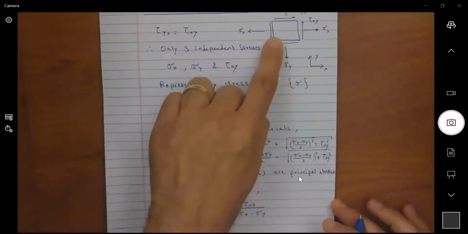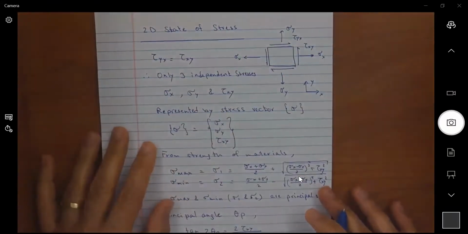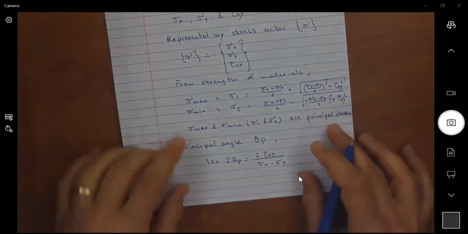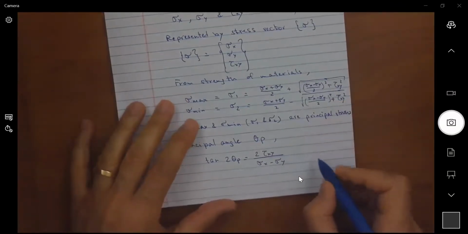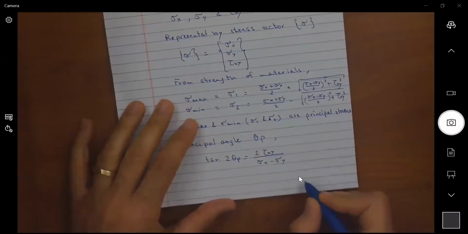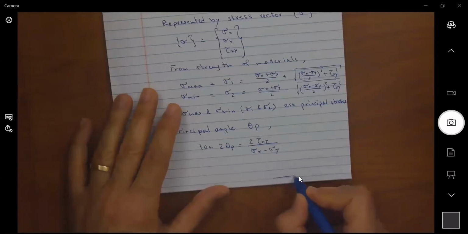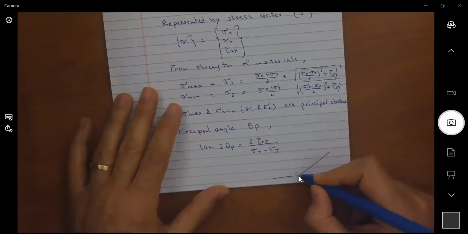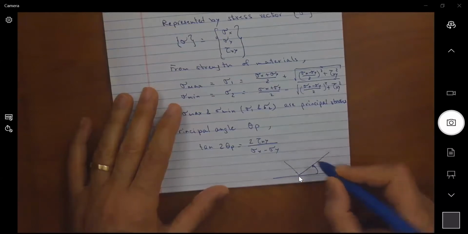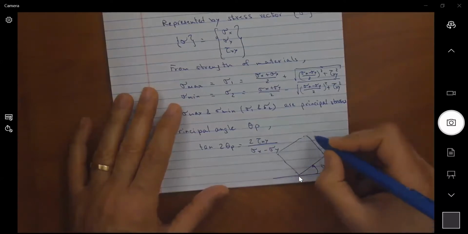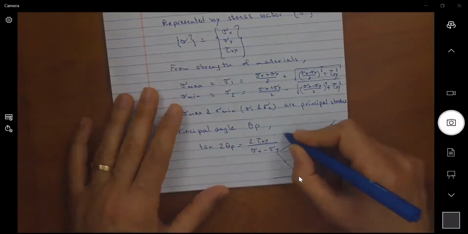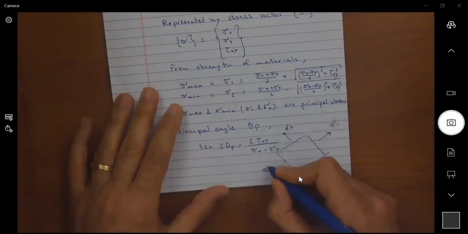Meaning if I'm starting with the horizontal and vertical as my x, y direction, in order for me to get these major and minor principal stresses, I will have to rotate my element along, if this is my x direction, by an angle theta p to get my sigma 1 and sigma 2.